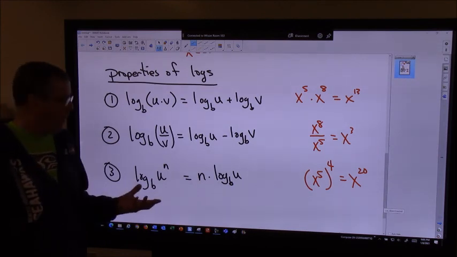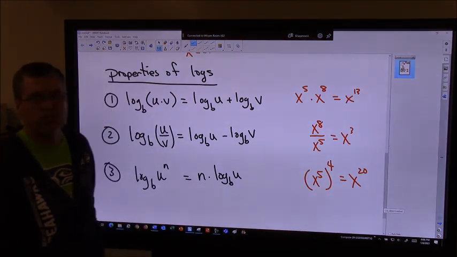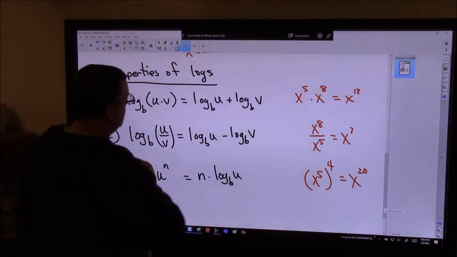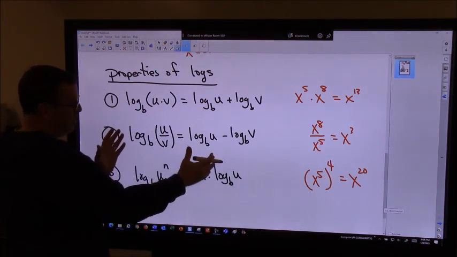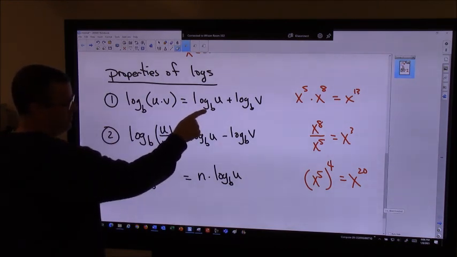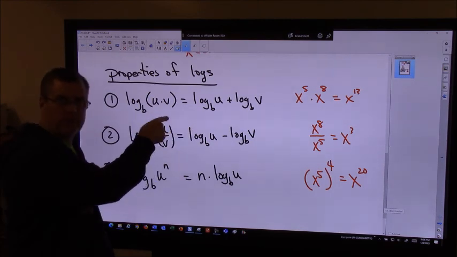But that's the reason why, is because when you raise an exponent to an exponent, you multiply those things. All right? So there it is. There's our three properties for logs. Now, these three things also apply to natural logs, because it doesn't matter what the base is. This can be base 2, base 5, base 7, base e, right?